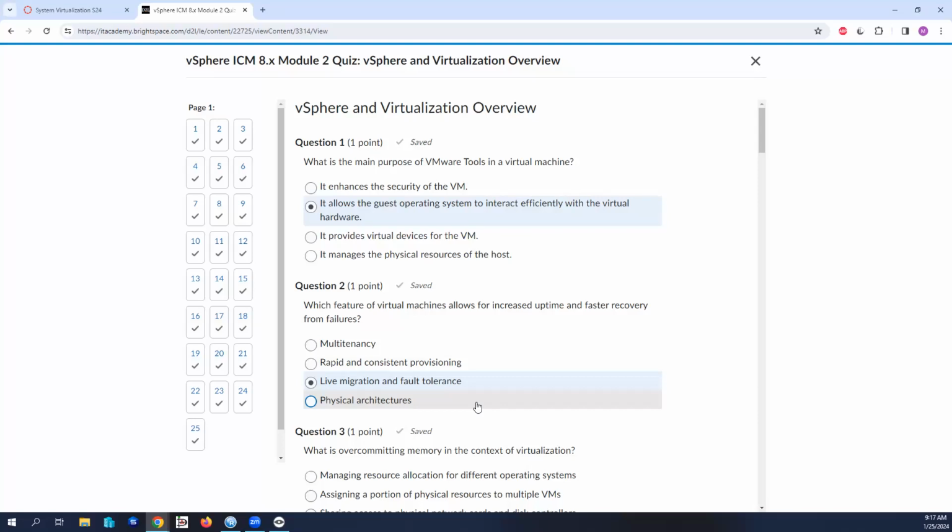Printed out this test. Let me see if I can find it. Okay, I do have that on my printout when I answered it.